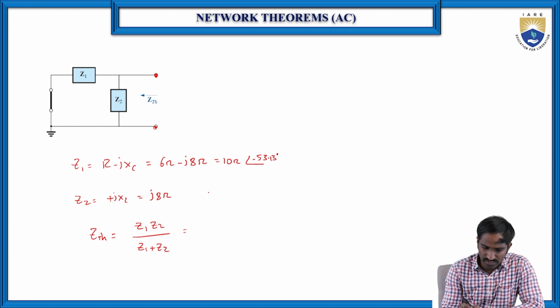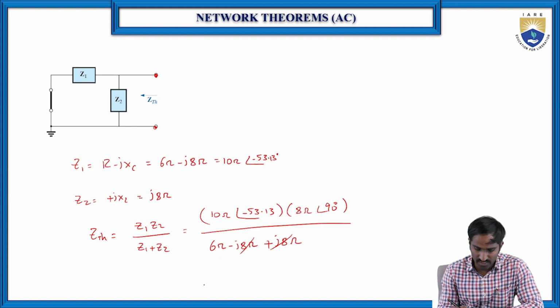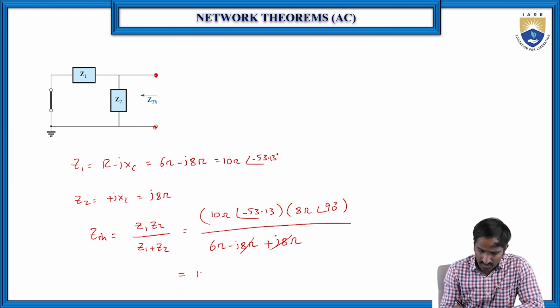Z1 is 10 ohms at an angle of minus 53.13 degrees, into J8 ohms, which in polar form is 8 ohms at an angle of 90 degrees, divided by Z1 plus Z2, which is 6 ohms minus J8 ohms plus J8 ohms. The J8 and minus J8 get cancelled. Then finally you will get 13.33 ohms at an angle of 36.87 degrees.